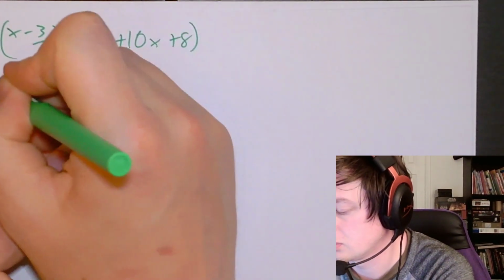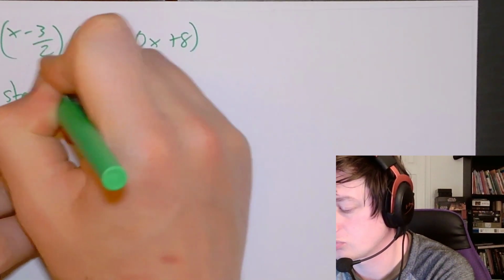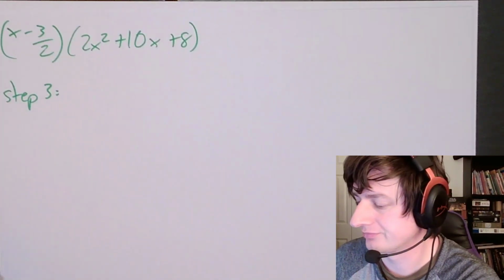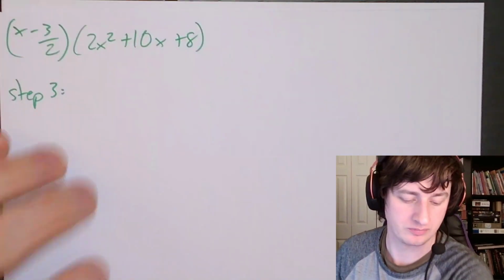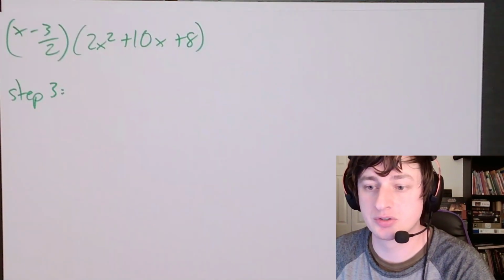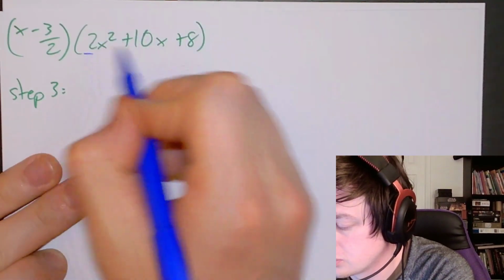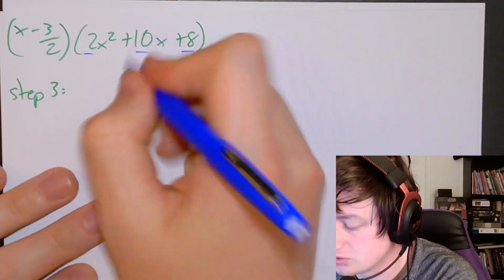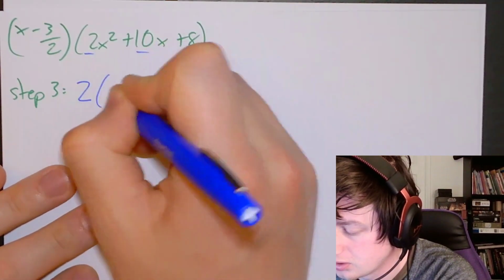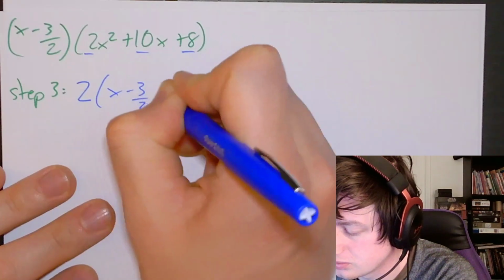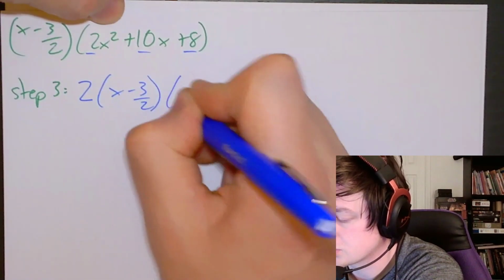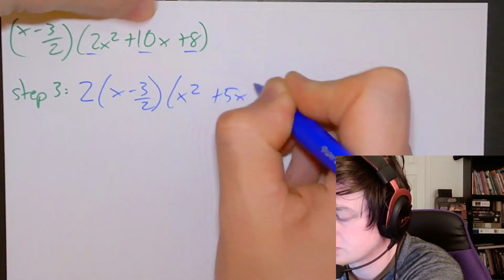This is step 3, which is just solve all the way. So this has a greatest common factor of 2. Can divide each of those by 2, so I'm going to put the 2 here. x minus 3 over 2 times an x squared plus a 5x plus 4.